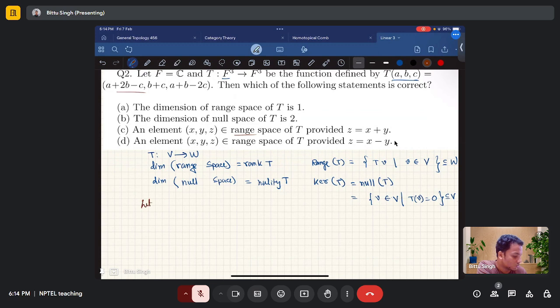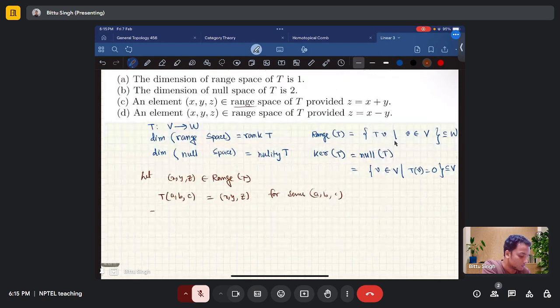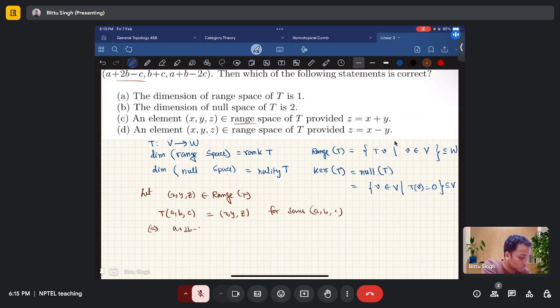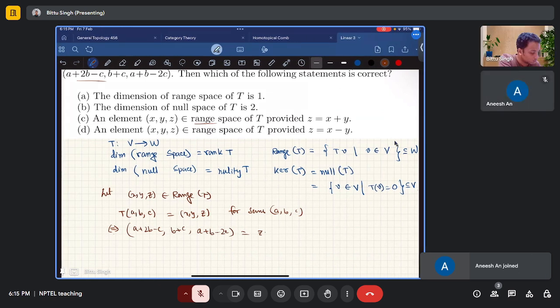Let (x, y, z) belong to range space, range T. Then T of (a, b, c) will be (x, y, z) for some (a, b, c), which is equivalent to solving the equation a plus 2b minus c equal to x, b plus c equal to y, a plus b minus 2c equal to z.